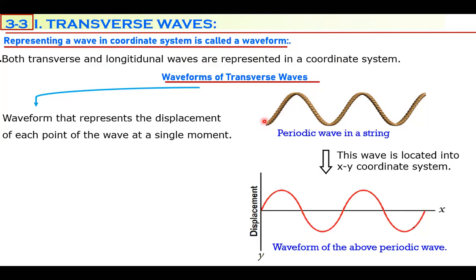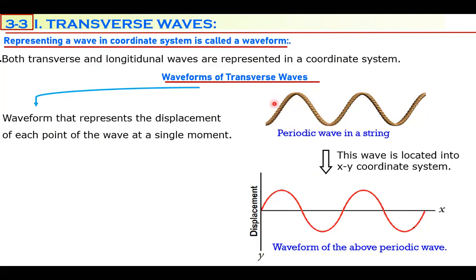First, we are going to represent a transverse wave in a coordinate system. So, waveforms of transverse wave. A waveform represents the displacement of each point on a wave at a single moment, which means this is a periodic wave in a string, and the position of every different point is different when this picture is taken.